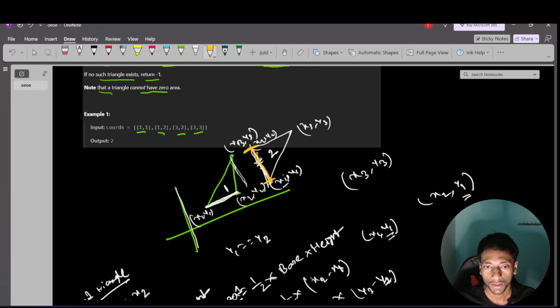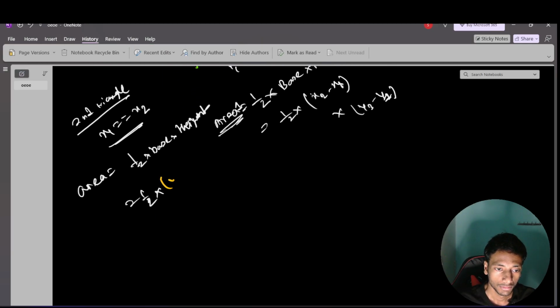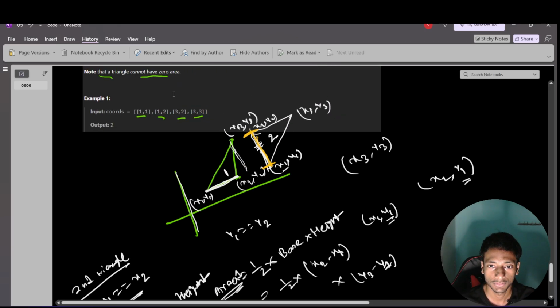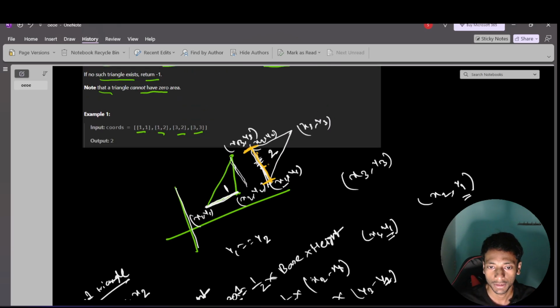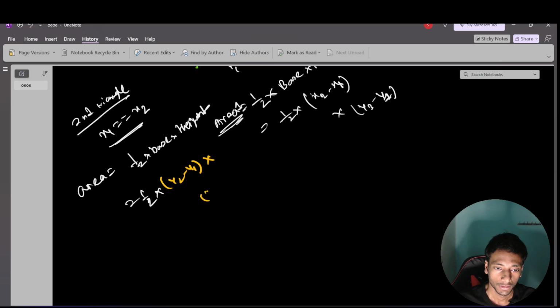That will be y2 minus y1, into, now what will the height be? This will be your height, and the height will be x3 minus x1.